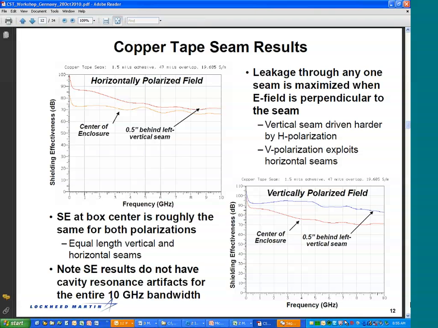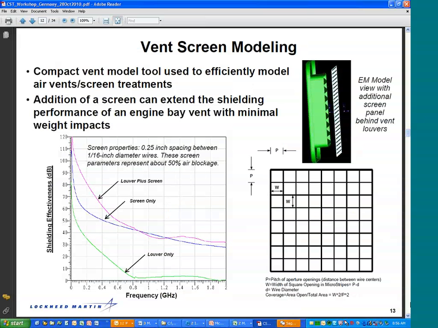If it was more rectangular, or one dimension of the seam was a longer extent than the other, whatever polarization drives across that longer extent of the seam is the one that's going to create the greatest coupling. And that's all stated here. So I'm going to move a little more quickly to get into the lightning that most are interested in today.